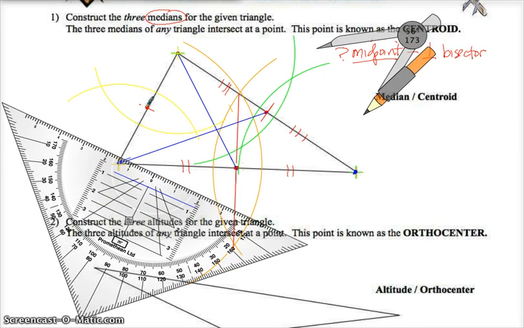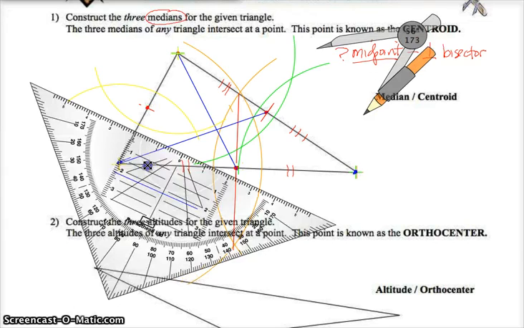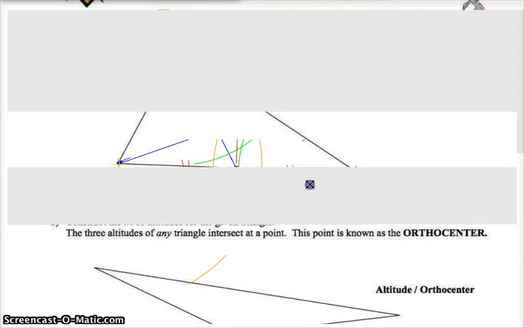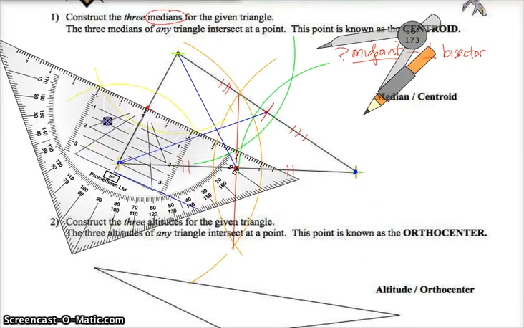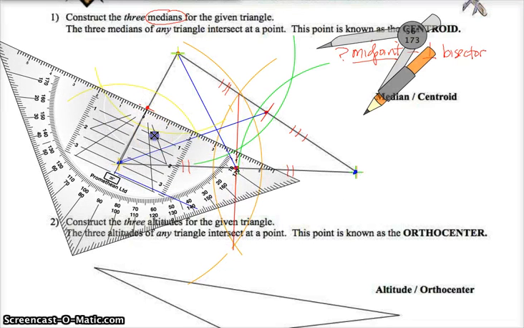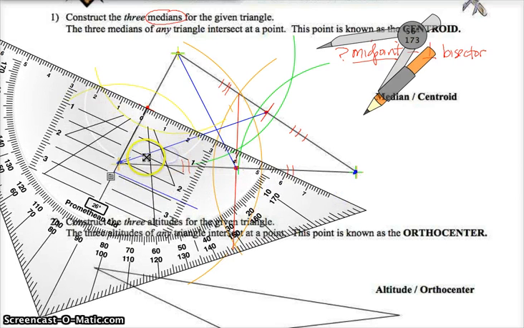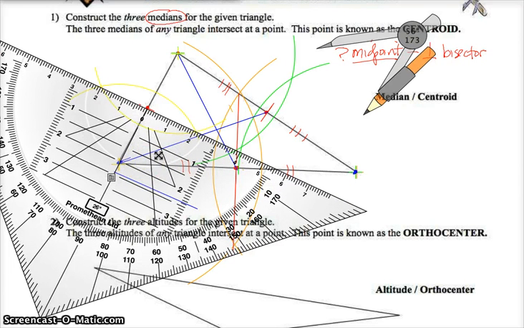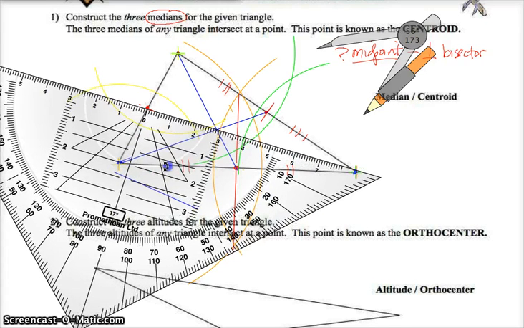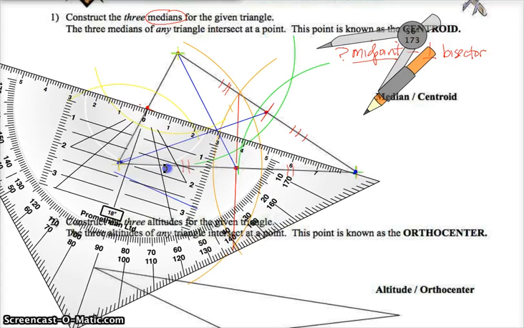So now I use my ruler and I connect my midpoint to my vertex. Looks like that's about the closest I'm going to be able to get it.